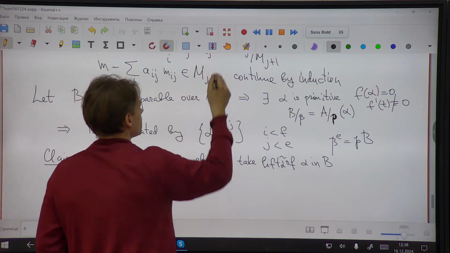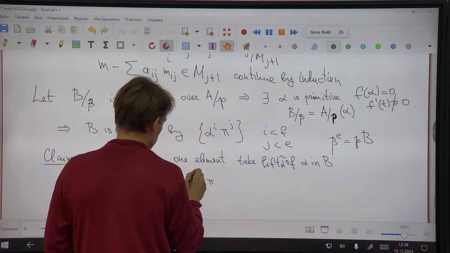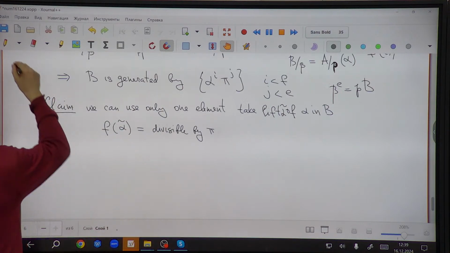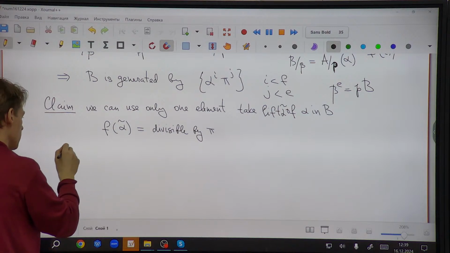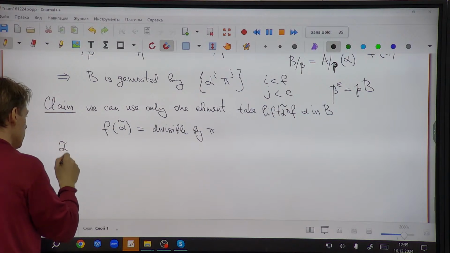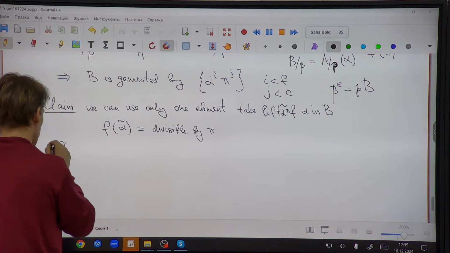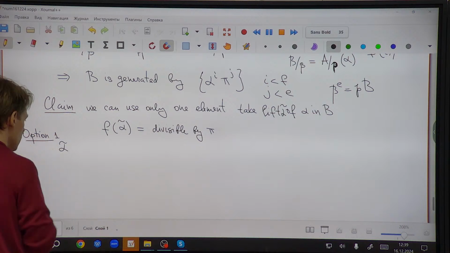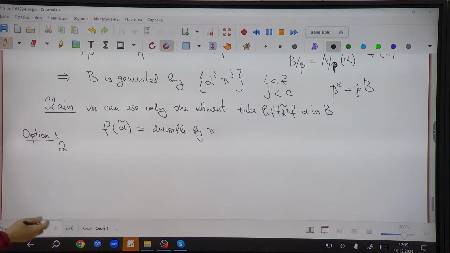So what can be said about alpha tilde? Alpha tilde is option 1. Just a second.